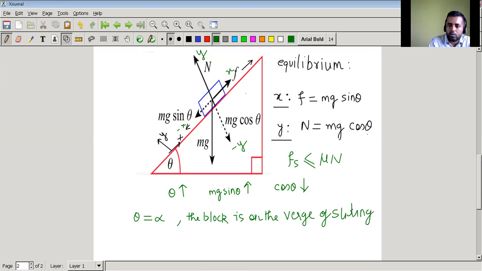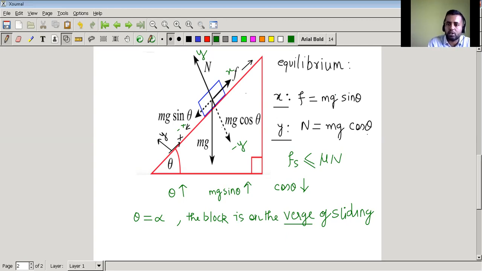Now, this word is important, verge of sliding. So we are increasing theta. Now, let us say for theta equal to alpha, it is on verge of sliding. Verge means it is stationary, but if you increase a bit more, then the block will slide away.